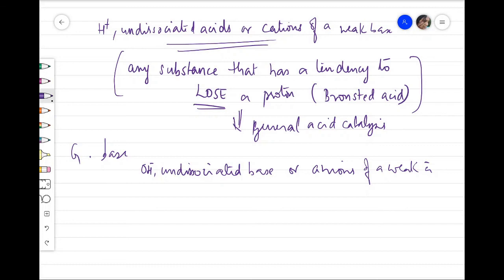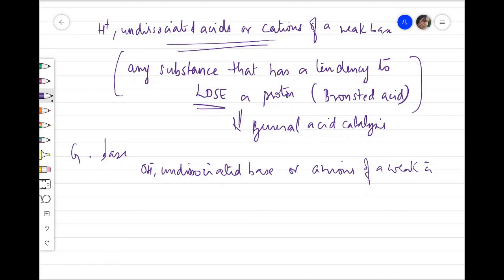These kinds are called general base catalysis.